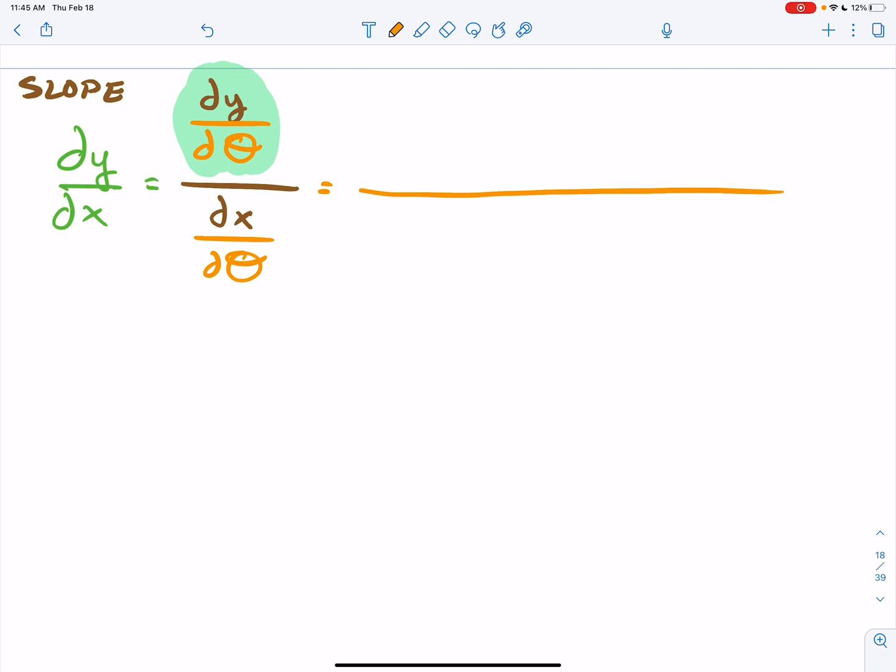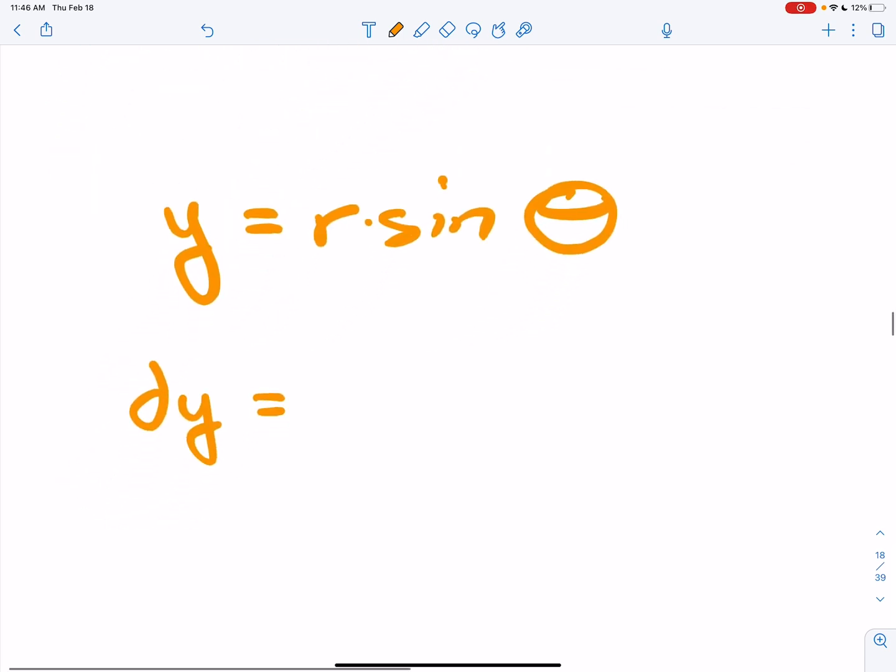Remember, at the beginning of the lesson, y is equivalent to r sine theta. So we're going to take the differential of r sine theta, or in other words, r times sine theta. This is a product. This is where you reinforce what you've learned back in AB.